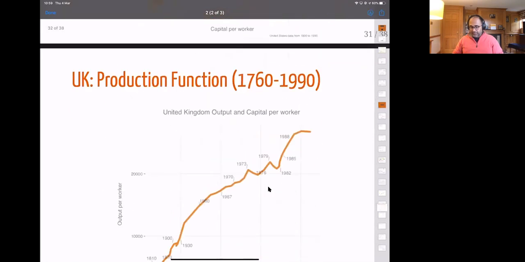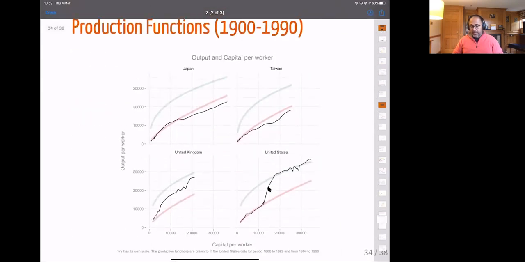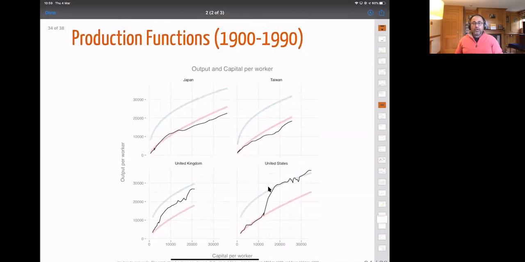Now, it's useful to compare the production function of the United States to other countries, right? So what I've done is I've taken the red line here. The red and the blue line here reflect the production functions of the United States, right?